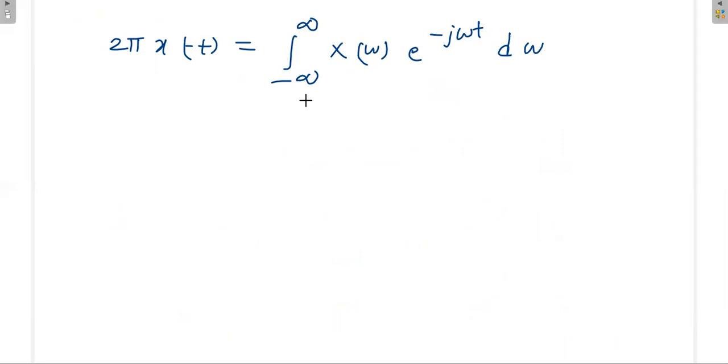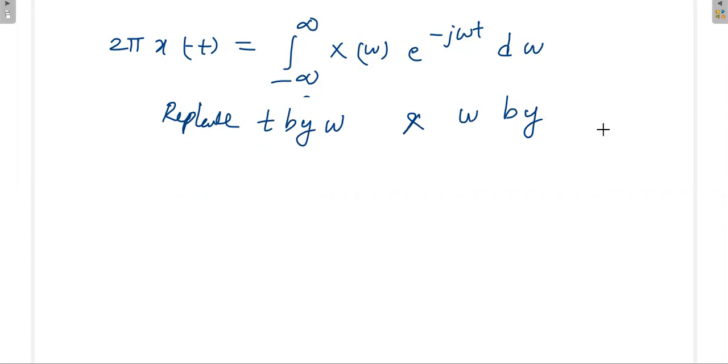If you see here carefully, I'm not worried about what is there here, but if you see the outer formula, then replace t by omega and omega by t.